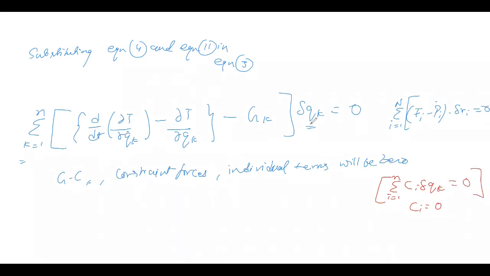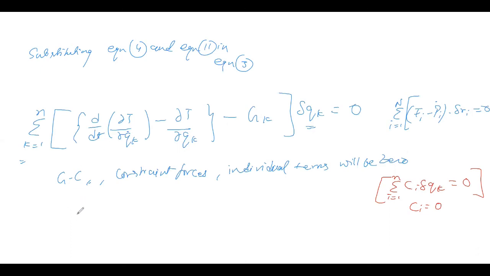So if this condition has to be satisfied, the coefficients should become 0. This is from the basic understanding: whenever we have independent coordinates, the coefficients must be 0 for the summation to be 0. So here my individual terms will be 0.